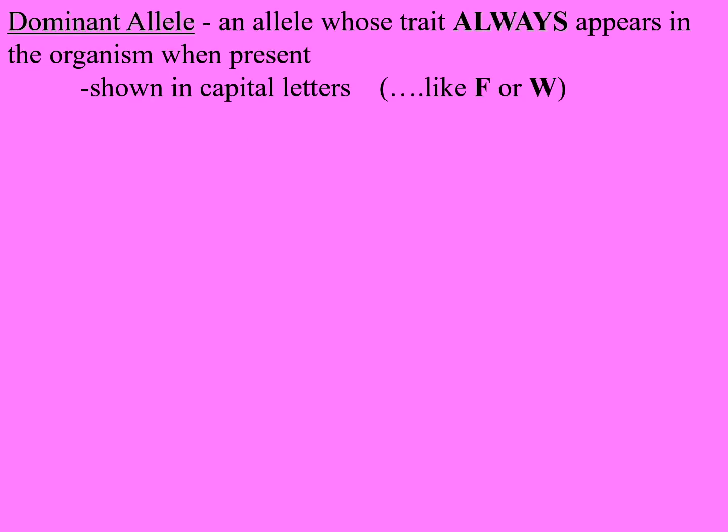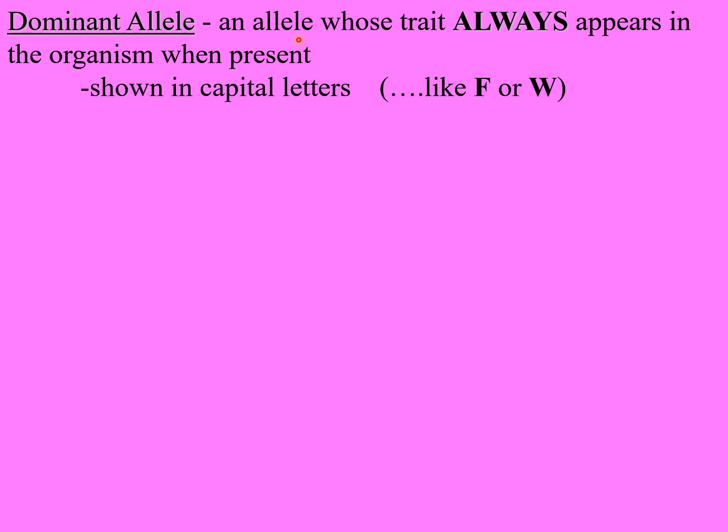And what we see is that sometimes some of these traits show up more often than not. That is to say, some alleles tend to show their effects more frequently than others. The ones that show up most often are usually what we define as being dominant alleles. That is to say, it's an allele whose trait always appears in the organism when the allele is present.